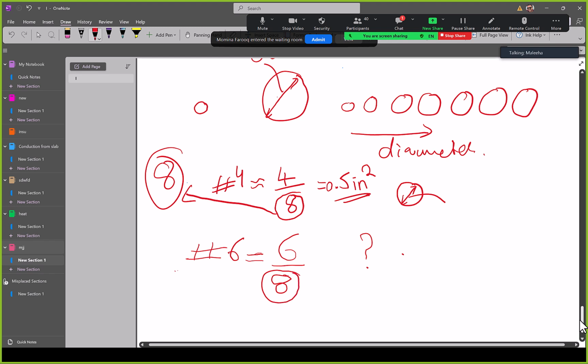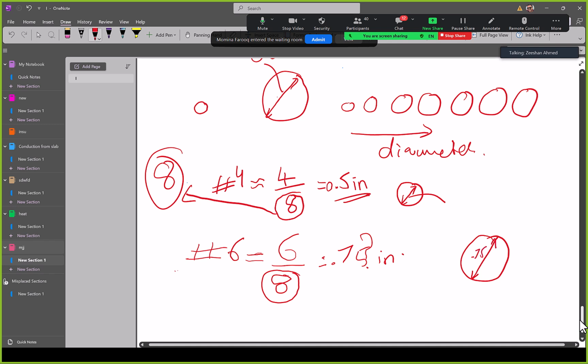No, 8 is always 8. 8 is not changing. 0.75. Yes, excellent. This will be 0.75 inch. Sorry, inch is the diameter. So number 6 की बार का diameter होगा 0.75.